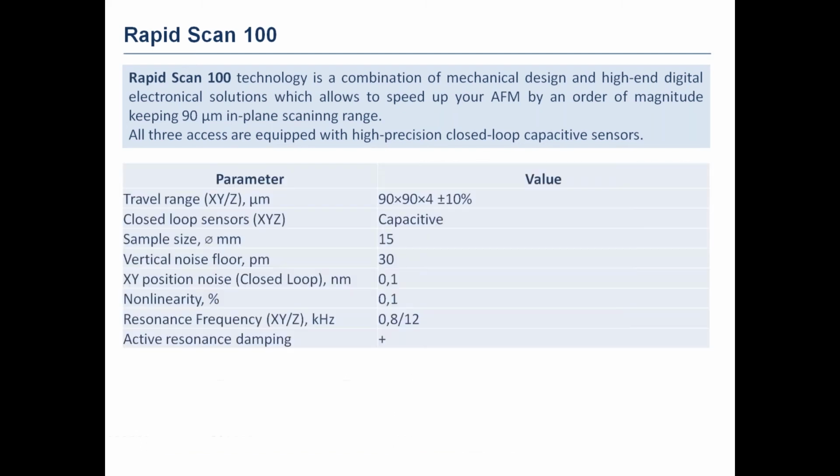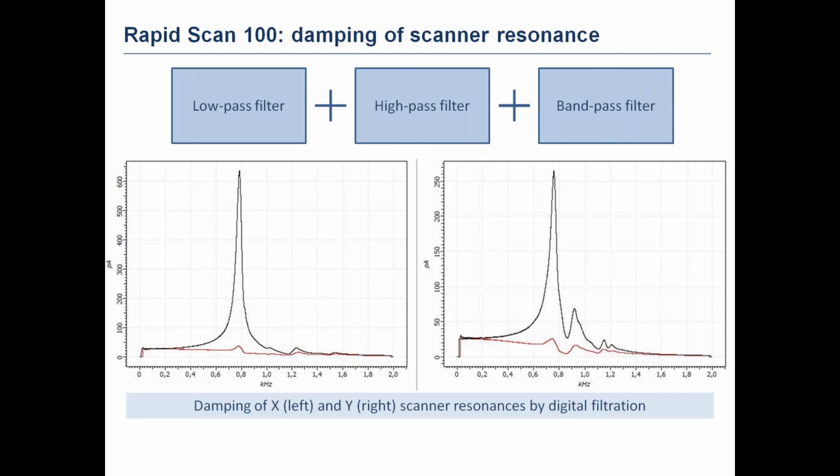The idea here is to digitally damp the scanner resonance in X and Y using a combination of low-pass, high-pass and band-pass filters. As a result, in this picture it is clearly visible that the resonant characteristic of the scanner becomes much less resonant.